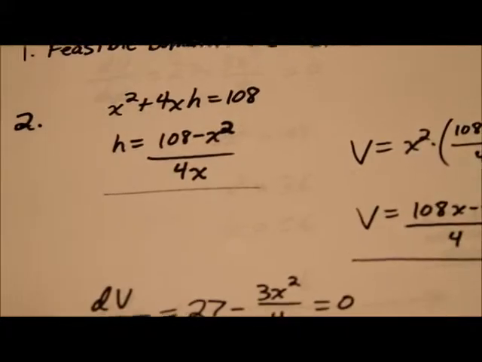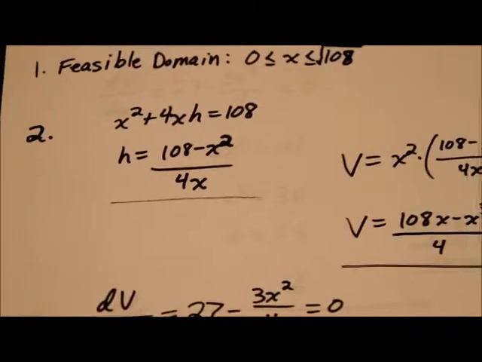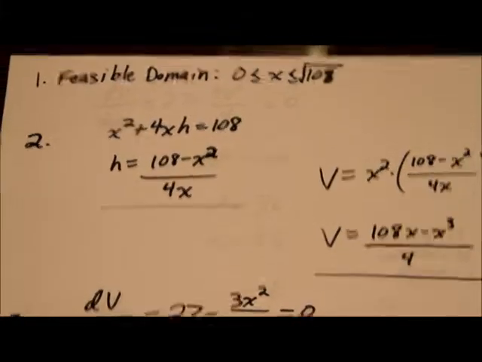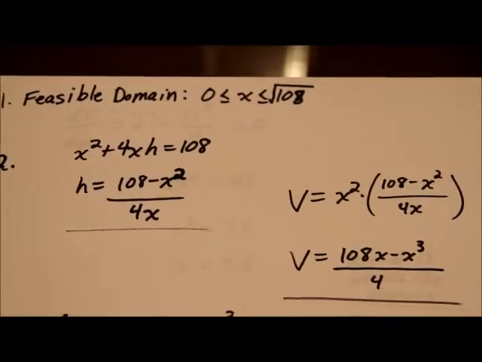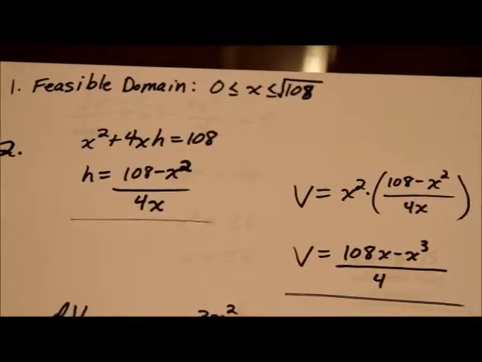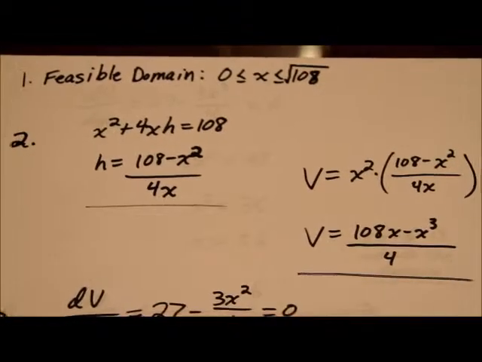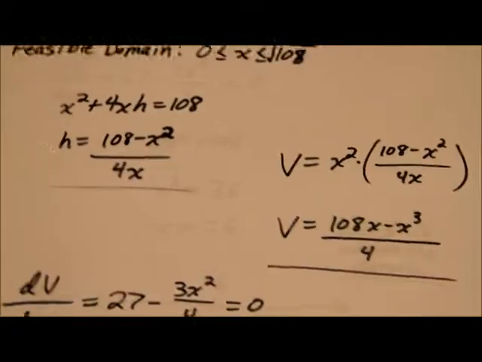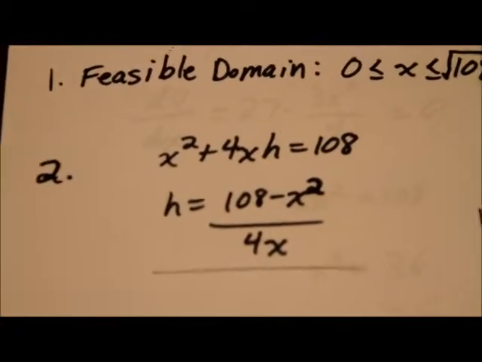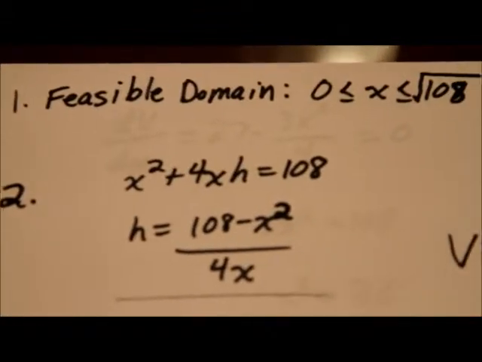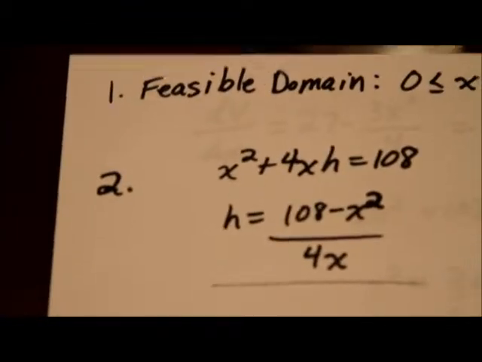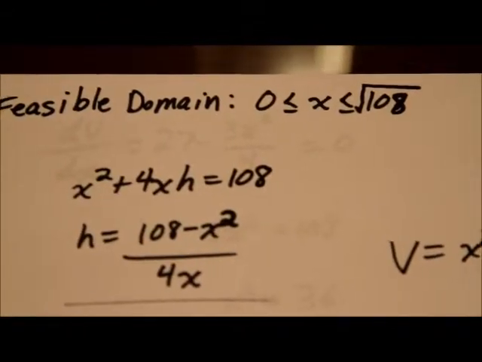So first we need to figure out what a feasible domain is going to be. And we know x can't be less than 0, because you can't have a box with negative length. It's just impossible. And you know that x can't be greater than the square root of 108, because if we go back to the original equation, if, let's say, h is 0, the absolute smallest that it can be, that means that x is going to be the square root of 108.